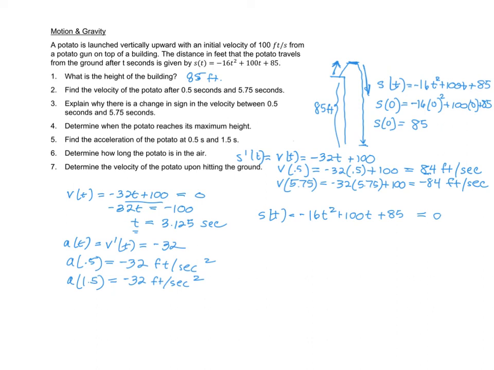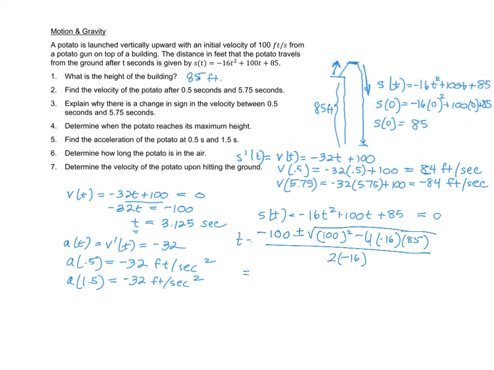So let's go ahead and do that. It looks like it's going to be difficult to factor, so I'm going to use the quadratic formula, and hopefully everyone remembers it. We're going to do negative b plus or minus the square root of b squared minus 4ac, all over 2a.